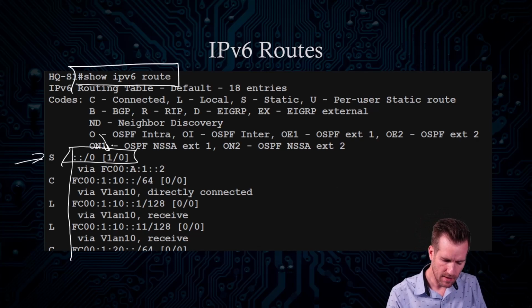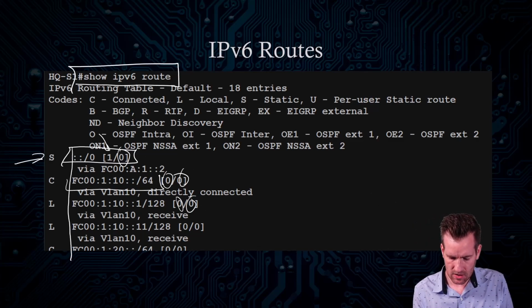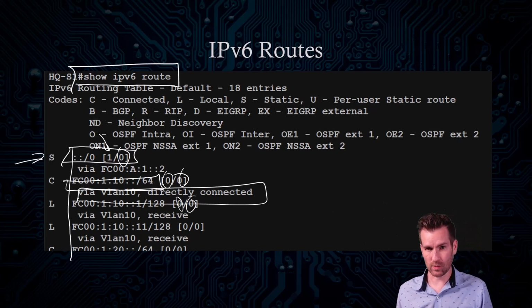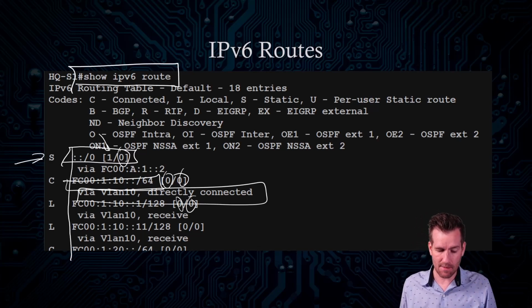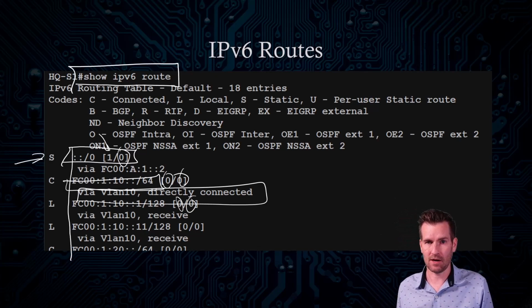We still have administrative distance on each one of these. We still have a metric on each one of these. We have the destination network and how to get to that network. So we see all the same components on an IP version 6 routing table. It just looks a little differently. It doesn't have child and parent routes.